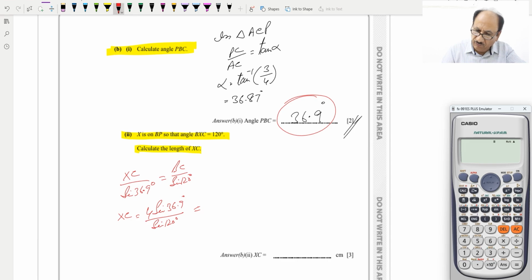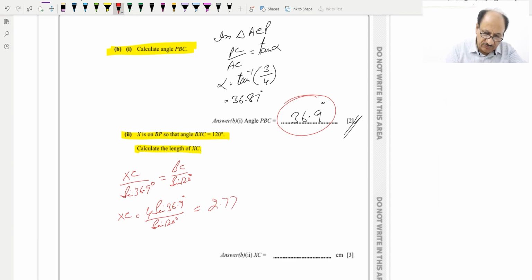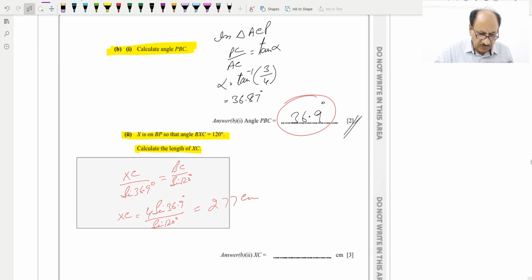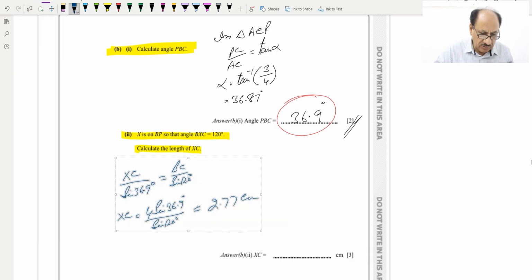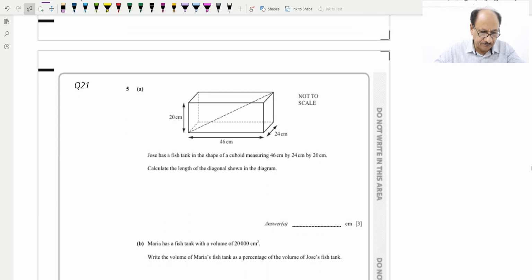So this will be 4 sine of 36.9 degrees over sine of 120, and this will be equal to 2.77 centimeters. This is a 3 marks question which we have done.